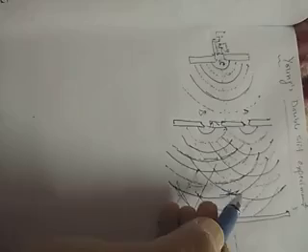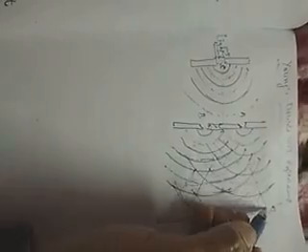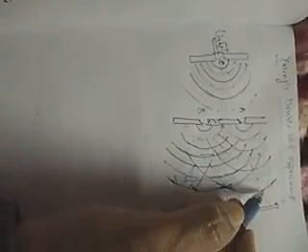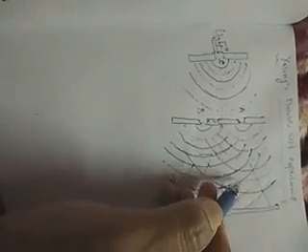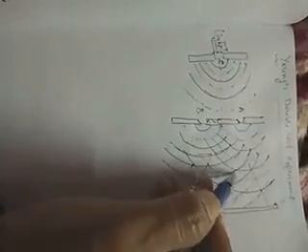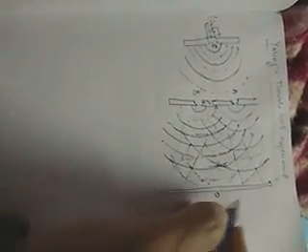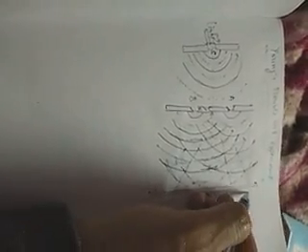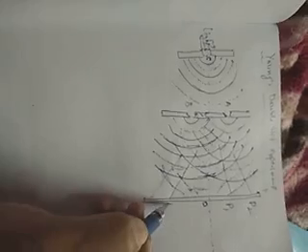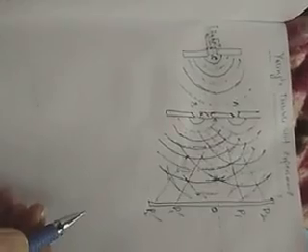Similarly we will have the places of constructive interference where crest falls on crest, and the places where crest falls on trough. Let them be represented by points P1 and P2, P1 prime and P2 prime on the downward side.